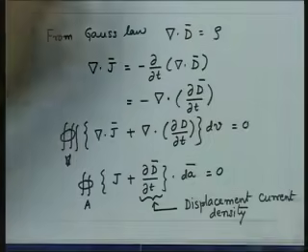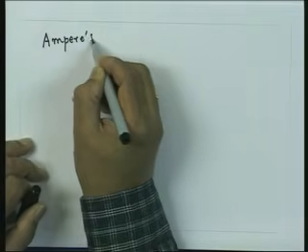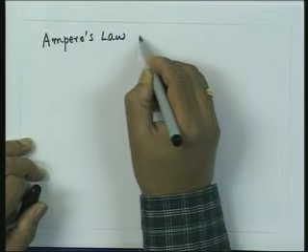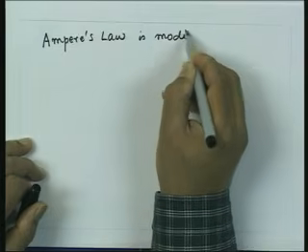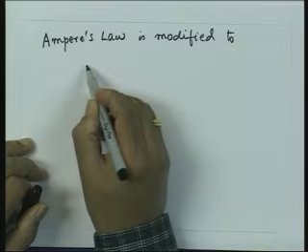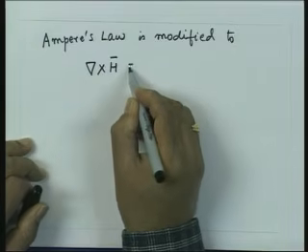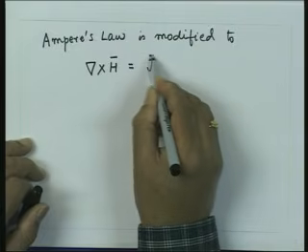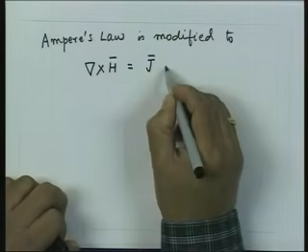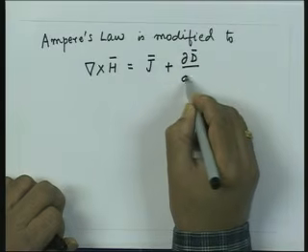So, Ampere's law has now been modified to del cross H equals the conduction current density as we had earlier, plus an additional term, which is dD by dt.